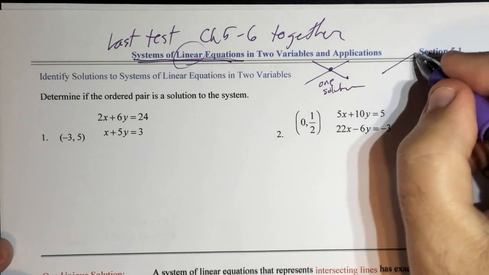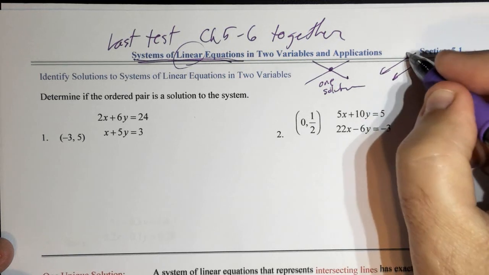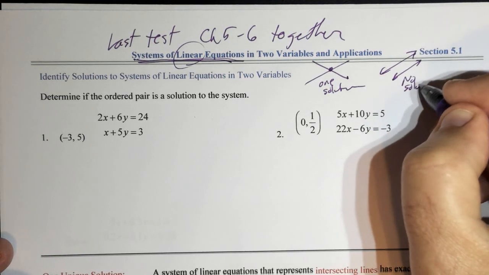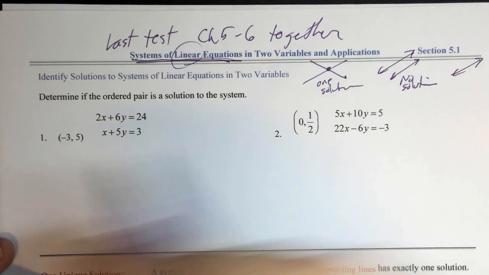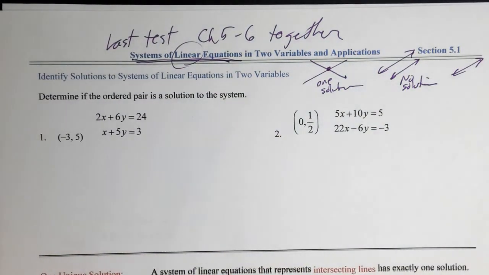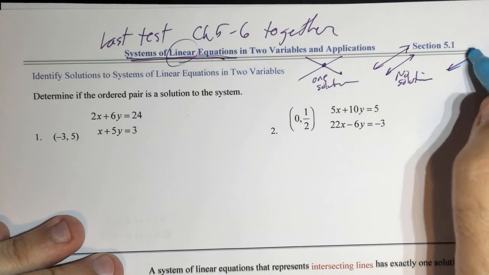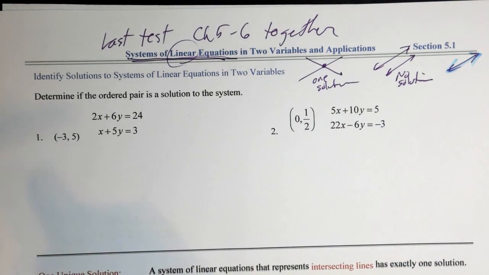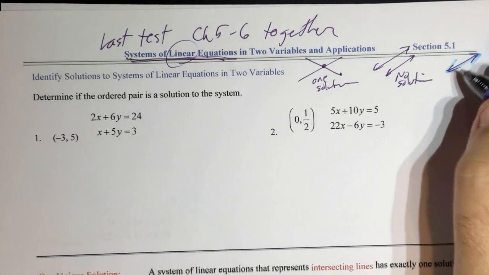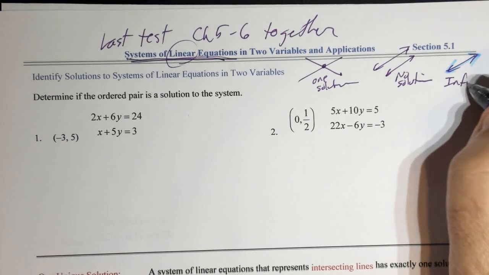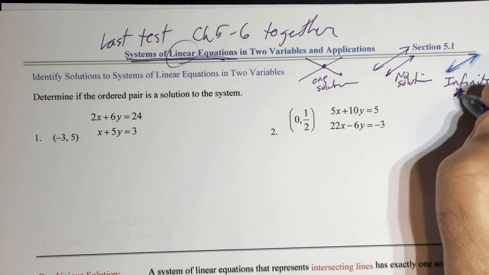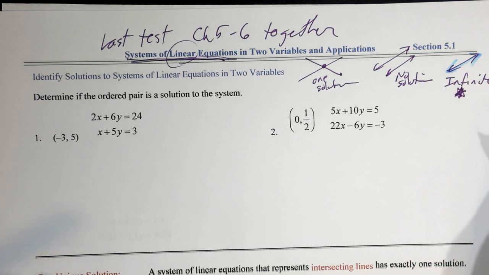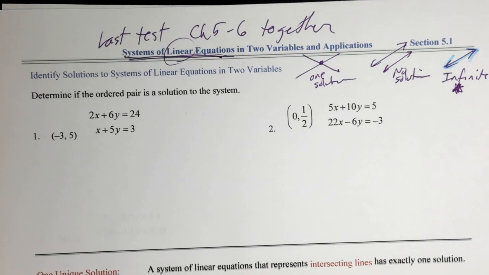If they don't cross and they're parallel, you have no solution. And the third option is if I have a line here, and then another line over top, they're the same. They end up being the same line, so you're going to have an infinite number of solutions. We are going to show how to write that answer. This is going to be something new for you, just FYI.